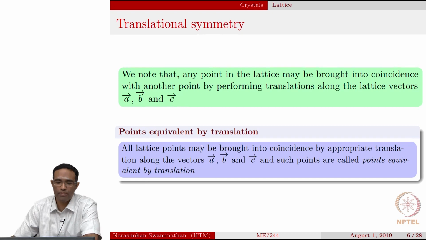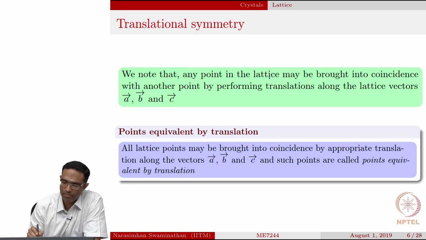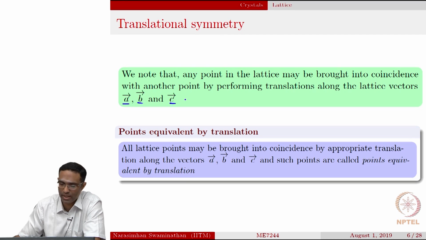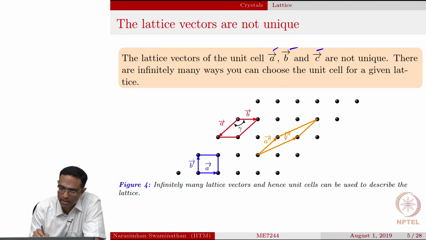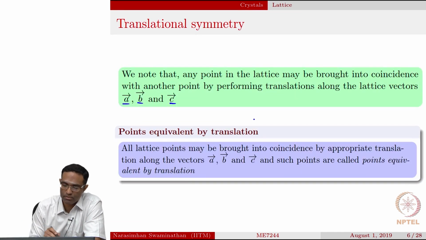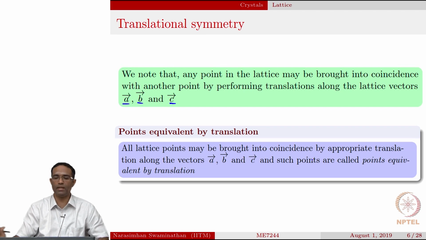Okay. So, any point in the lattice may be brought into coincidence with itself or another point by performing translations along the A, B and C direction. So, this must be quite clear. So, you are able to bring this lattice point into coincidence with another point by moving along the lattice vectors. Okay. So, these points are all points which are equivalent by translation.